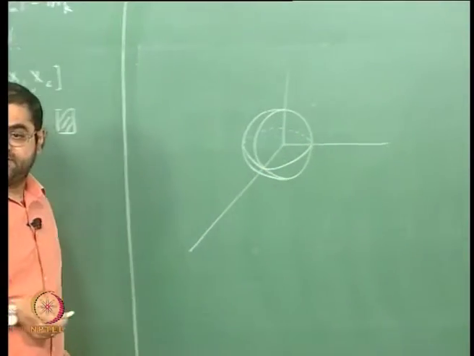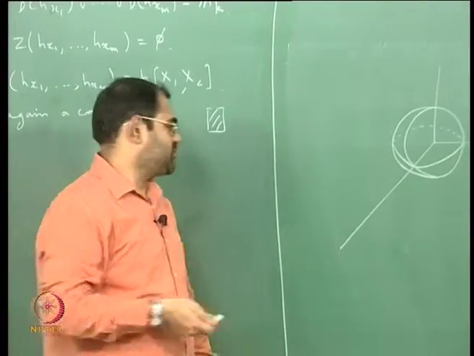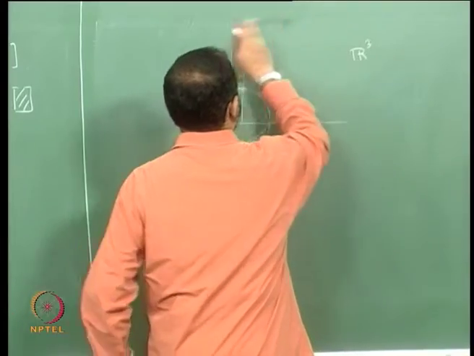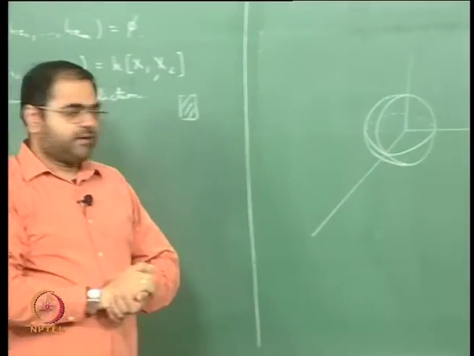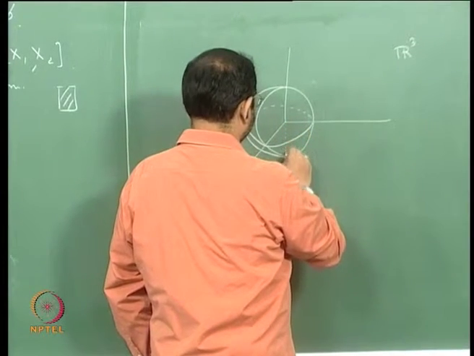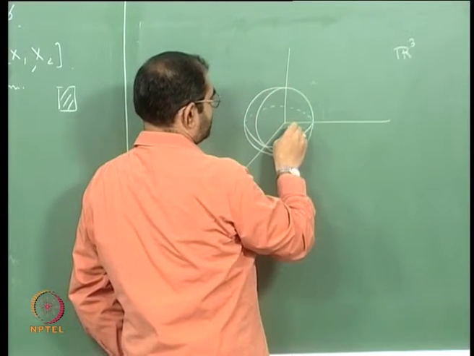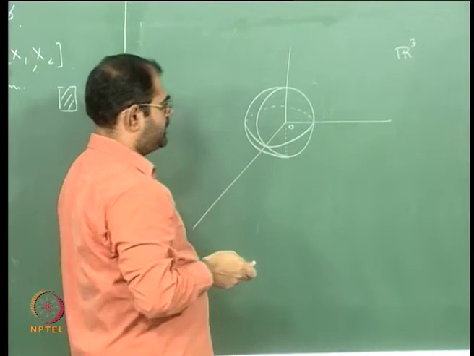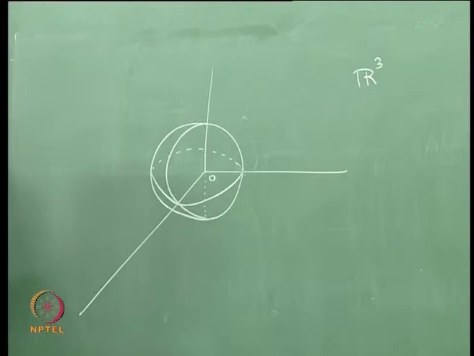This is a unit sphere in 3 space, and assume that you are in R3. This is the origin, this is the point 1 comma 0 comma 0.